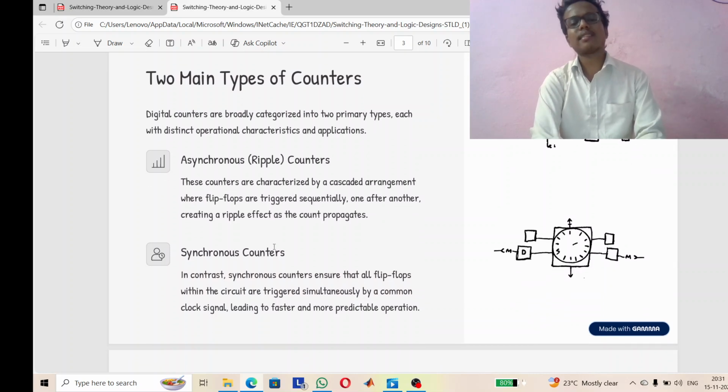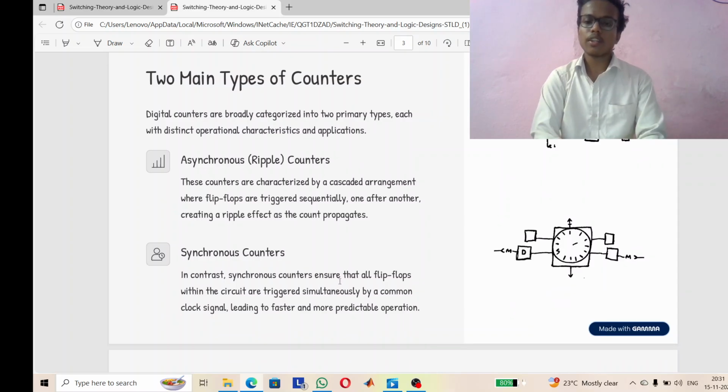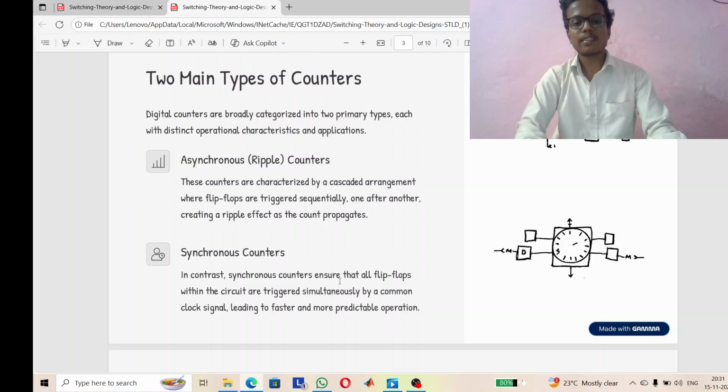The next one is the synchronous counter. In contrast, synchronous counters ensure that all flip-flops within the circuit are triggered simultaneously by a common clock signal, leading to faster and more predictable operation.